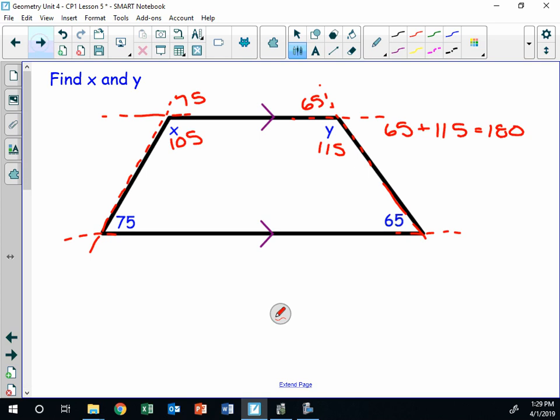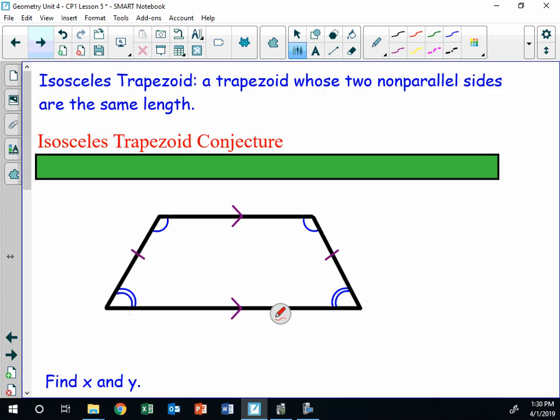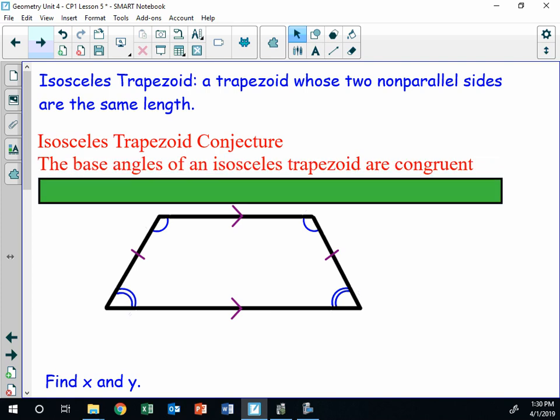A couple last things here to wrap up our lesson, talking about the isosceles trapezoid conjecture. The base angles of an isosceles trapezoid are congruent. We know that it's an isosceles trapezoid because of the tick marks on the two sides.